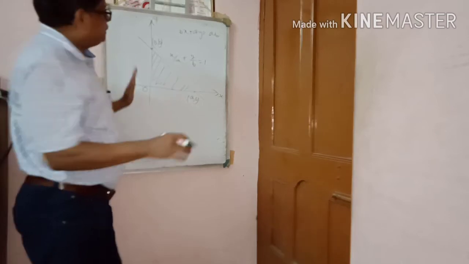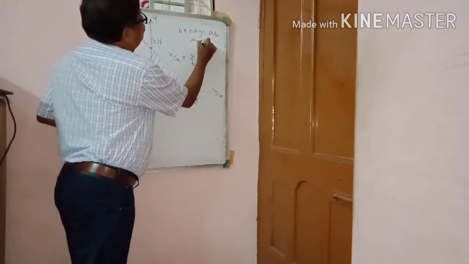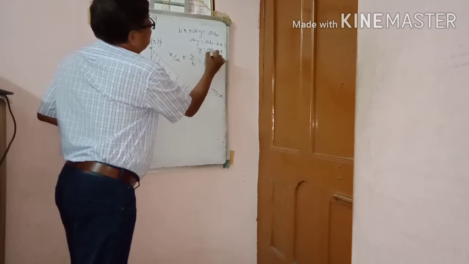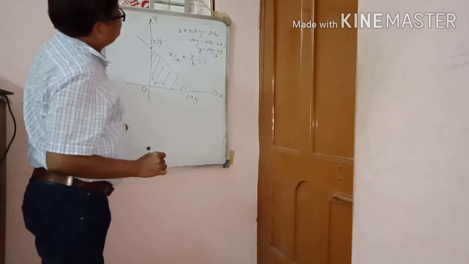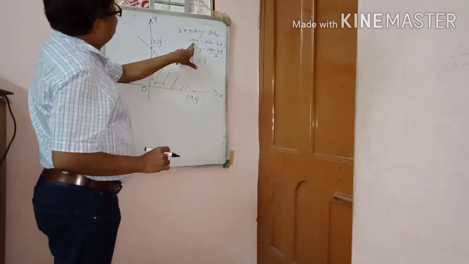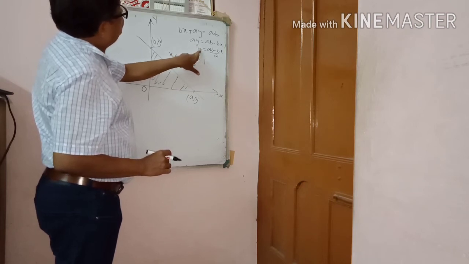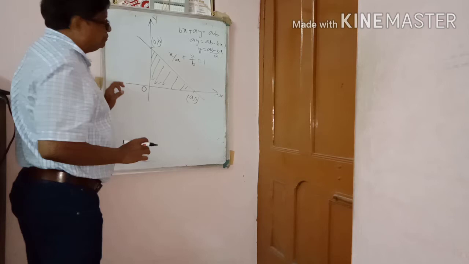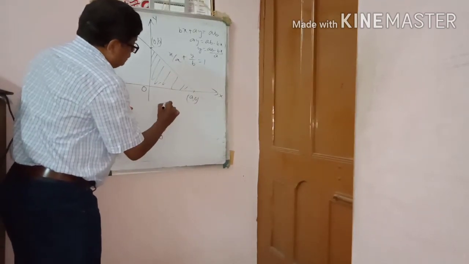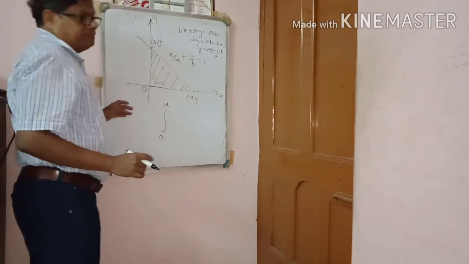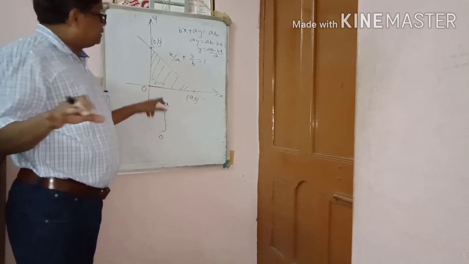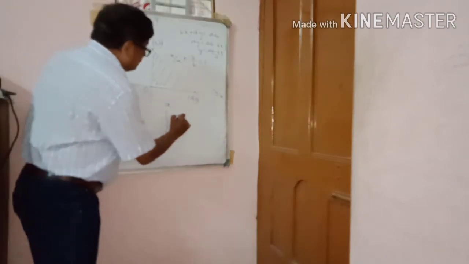First find y or x, any, no problem. Wait one minute, I am telling. Suppose y is there: ay equal to ab minus bx. So y you can write as ab minus bx by a. Now look here. The area from 0 to a, we are taking along the x-axis, so y dx, here 0 to a, y dx.